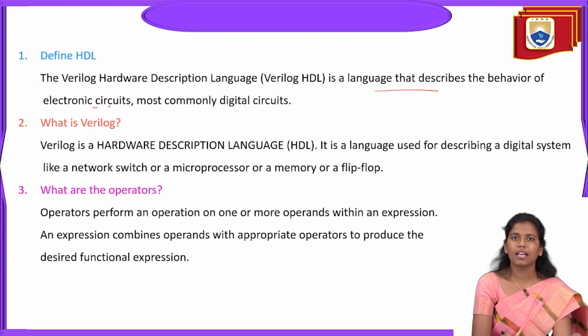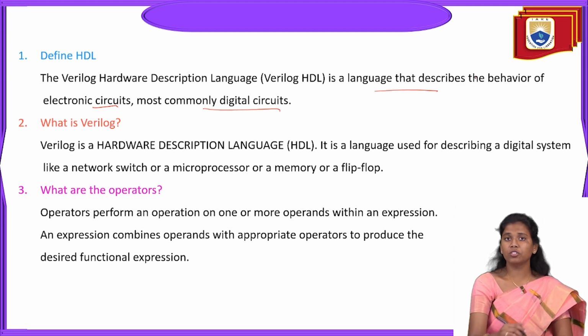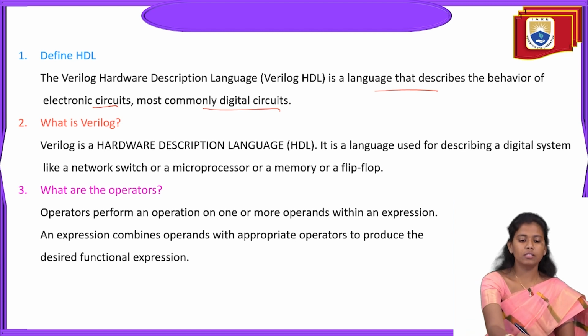It just gives the knowledge about the behavior of different electronic circuits based on different algorithmic levels or abstraction levels that we use. That is nothing but the hardware description language.